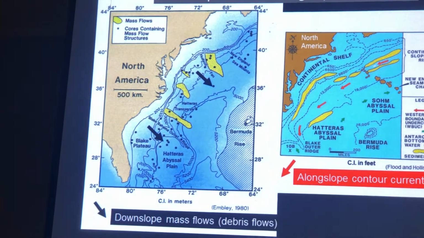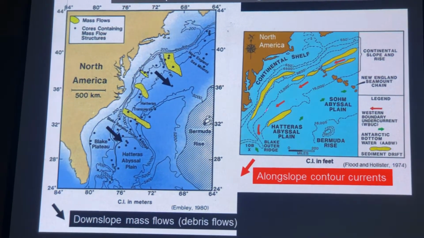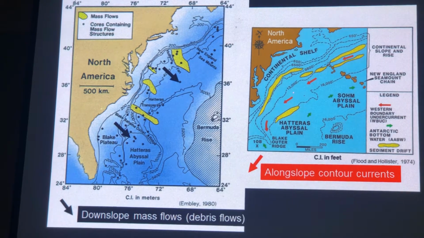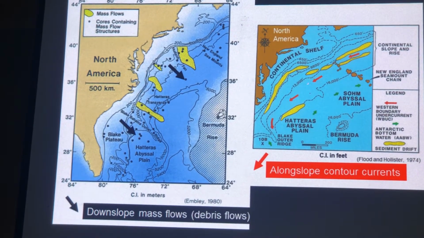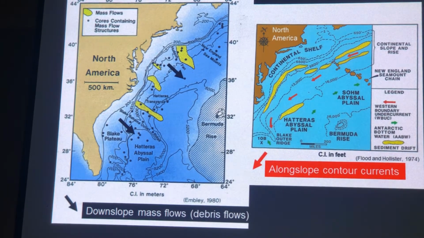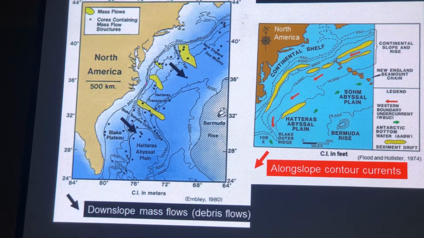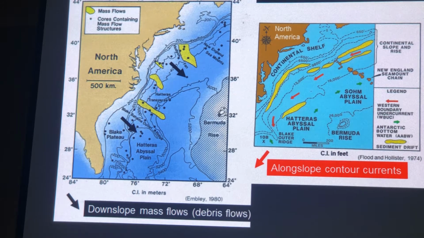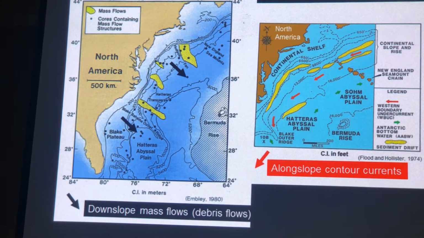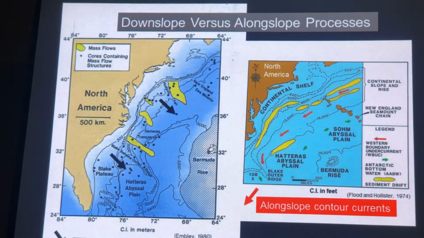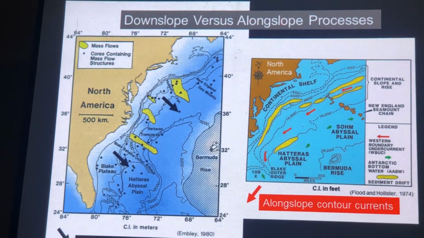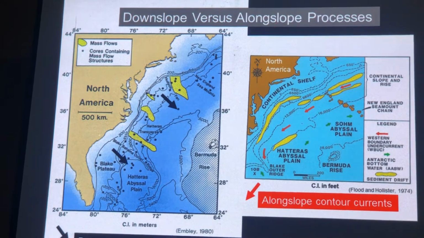The contour currents are moving parallel to the bathymetric contours, and they were depositing these sediments, which are called contourites. This is at right angle to the mass transport coming from the same North American continental margin. So we are looking at two completely different processes, downslope processes versus along-slope processes.